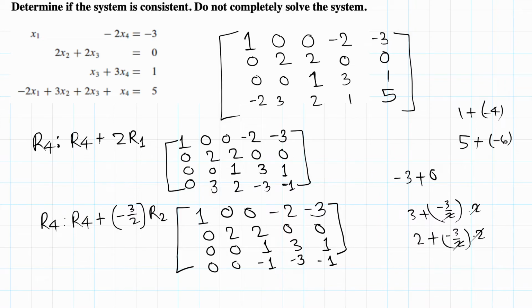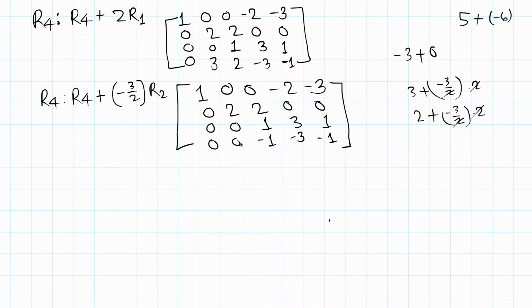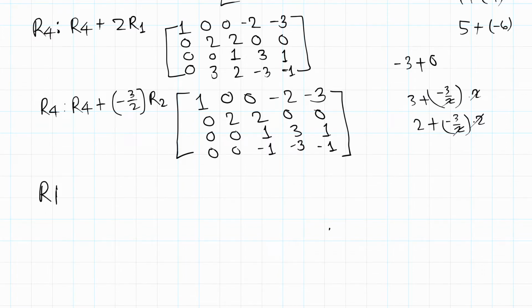Okay, we have to make this augmented matrix triangular. And here is now, we are here, okay, 0, 0, we have to make this 0 and we are all good, because then this will be triangular. Okay, still working on R4. We have to make this 0.